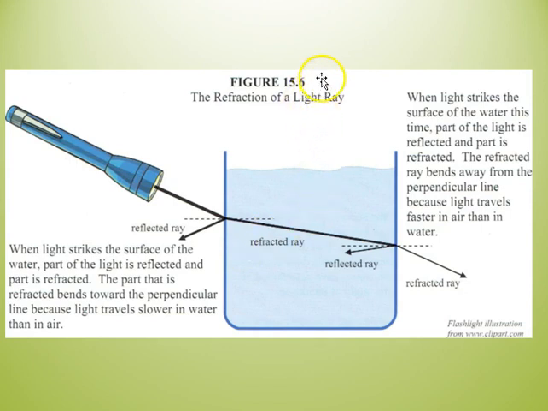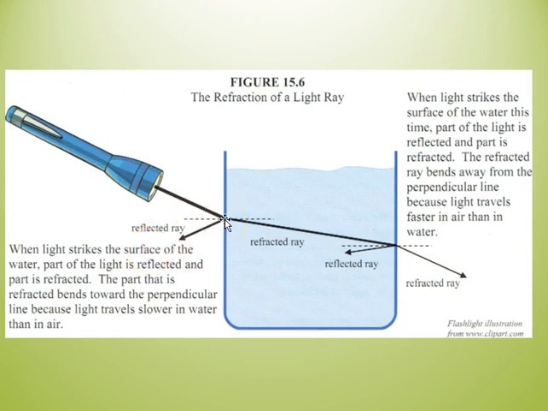Here's an example from your text, figure 15.6, the refraction of a light ray. And this actually demonstrates with the flashlight what happens. This is a container with water, and the flashlight is pointed towards the container, and here is a perpendicular line. A reflected ray actually bounces off the container.